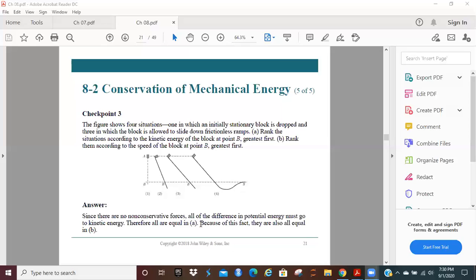So all of these blocks are going to have the same kinetic energy at that point. In order to rank them according to speed, if they all have the same kinetic energy, and if it's all the same block, which is going to have the same mass, what can we say about the velocity? That it's also the same? That's right. It's also the same.